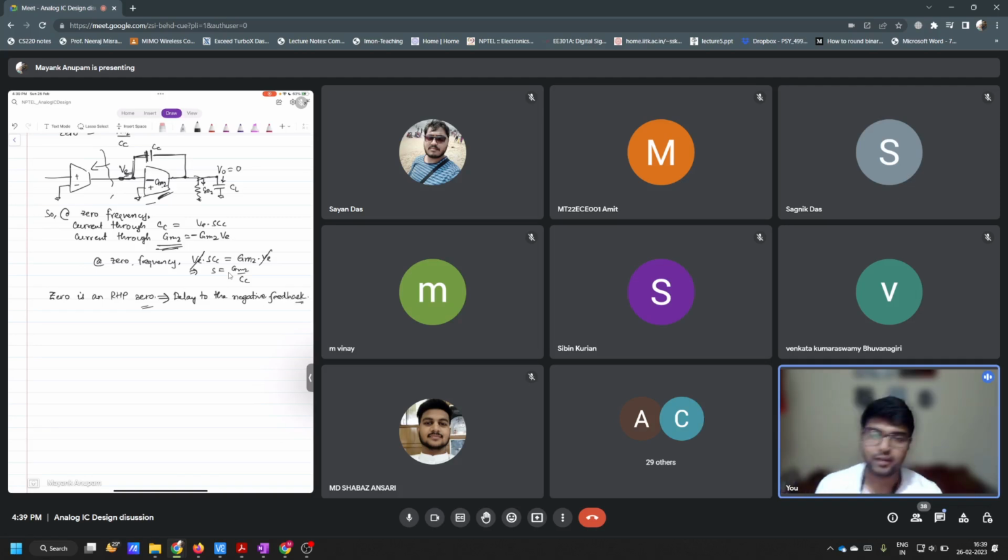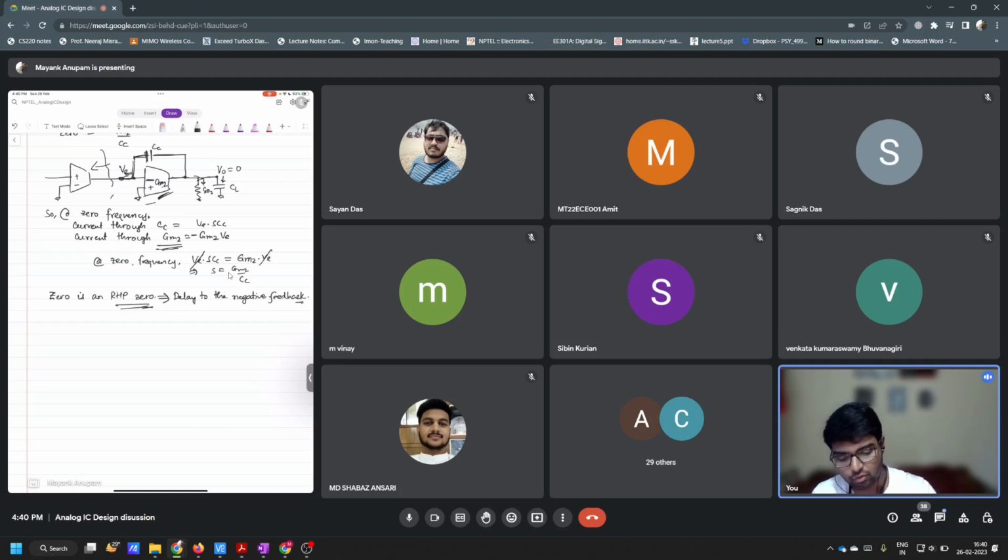And we remember, right, that delay in the negative feedback is absolutely no good. So delay can cause instability in the negative feedback system. So that is why this RHP zero is not desirable, because it introduces extra delay. Right half plane zero is not desired because it adds extra delay to the negative feedback. So that is why we want to cancel this zero.